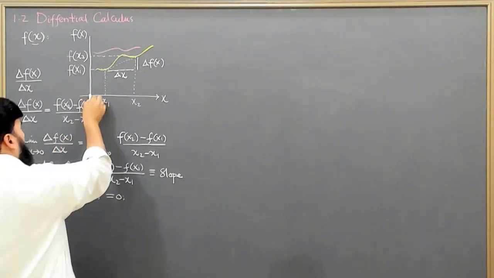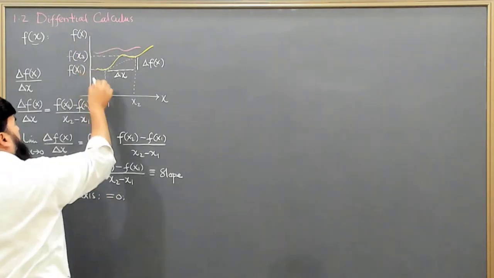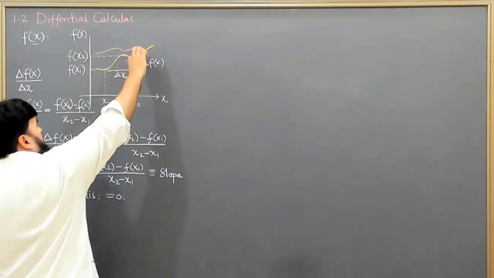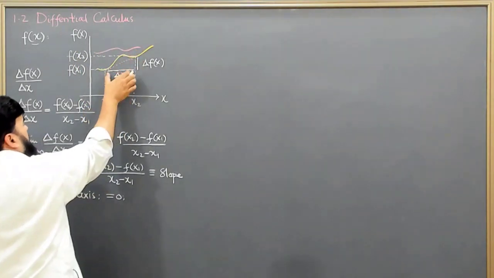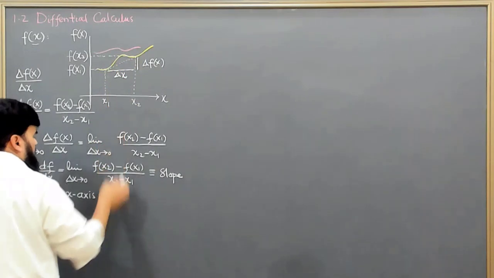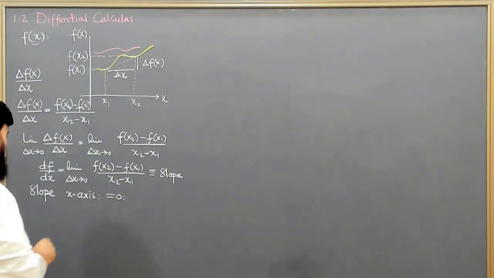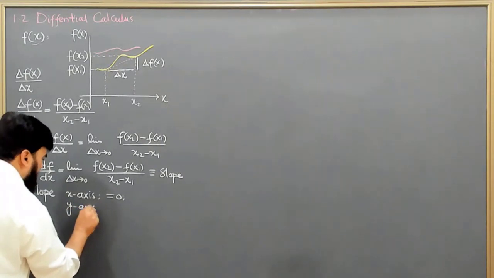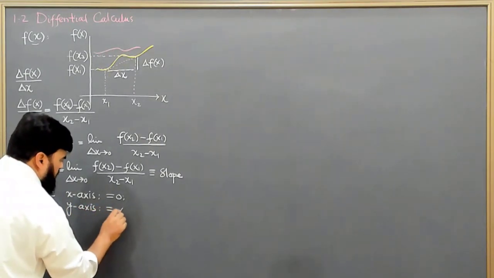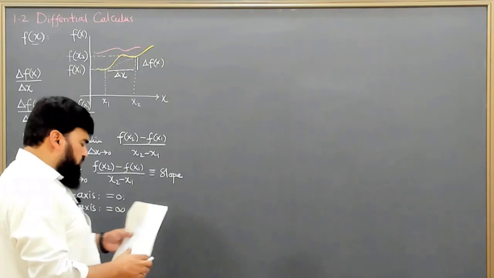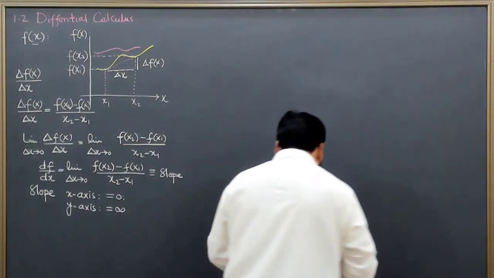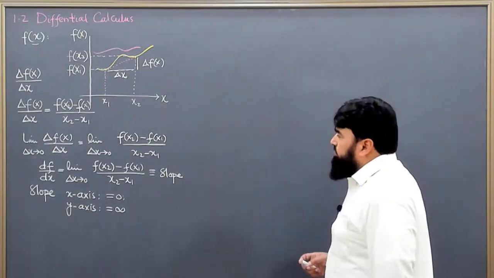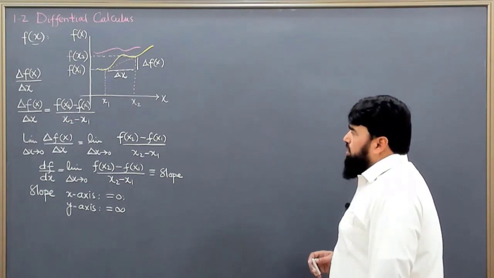Similarly, if I consider the y-axis, there is a change in the rise, but 0 change in the run, so something divided by 0 means the slope is undefined. It is so huge that we cannot define its value.